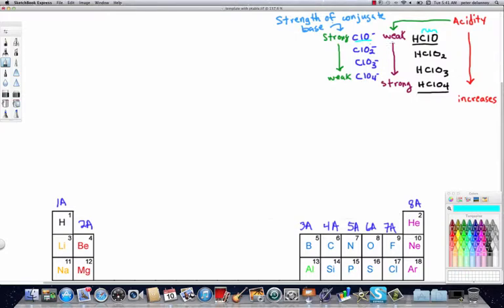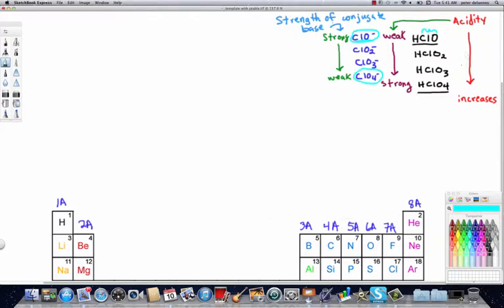And we see that when we compare the base strength, the strength of the conjugate base, it also follows a trend, but it follows the opposite trend that we see for the acids. So in other words, hypochlorite, this conjugate base, is a much stronger conjugate base than perchlorate, shown here.